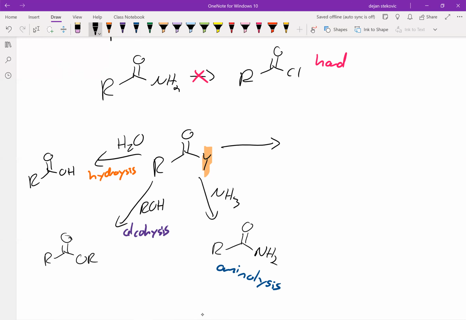And then, of course, we could add some kind of reducing agent to do some kind of reduction, right? We could reduce this down to an aldehyde or further reduce it down to an alcohol, right? And then obviously that's reduction. So we'll learn a lot of different reactions if you count them by name. But overall, most of them are pretty much going to be the same reaction over and over again.